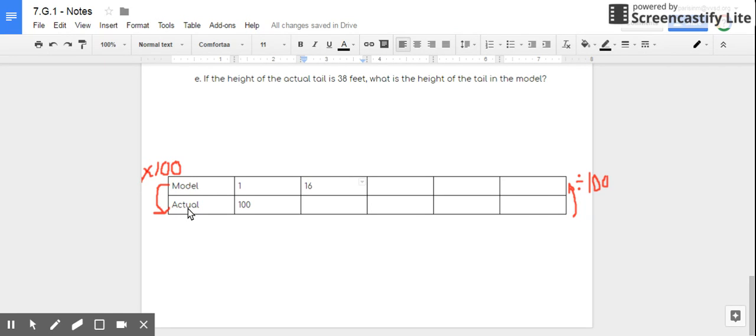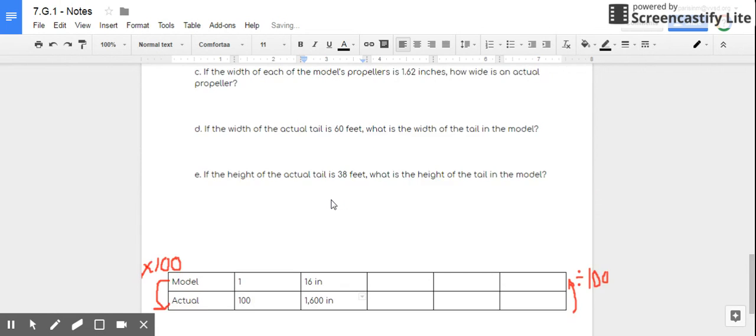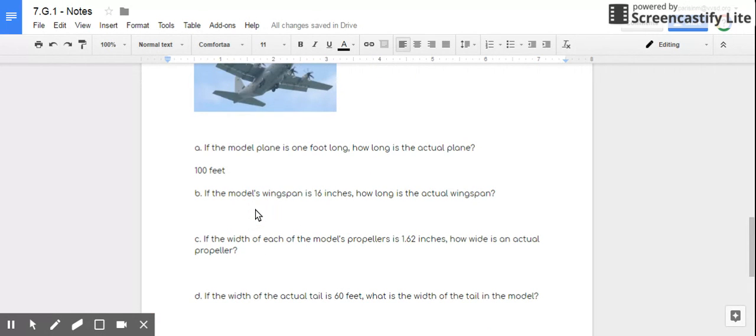If we're going from model to actual, we're going to multiply 16 times 100, which is going to give us 1,600, and that's going to be in inches since our 16 was in inches. We can label it right here in the table if that helps you. So part B should be 1,600 inches.